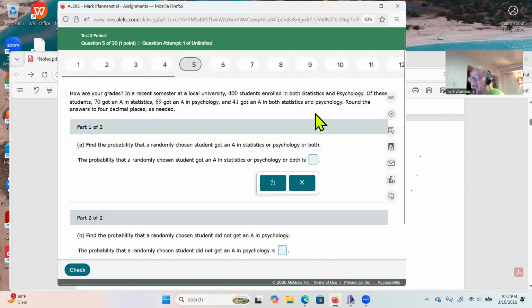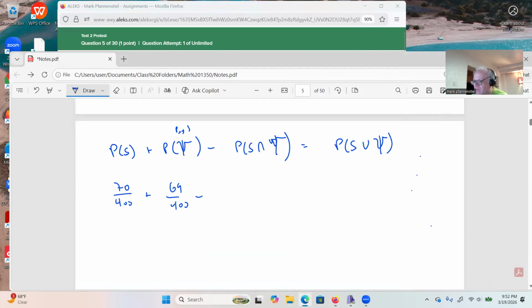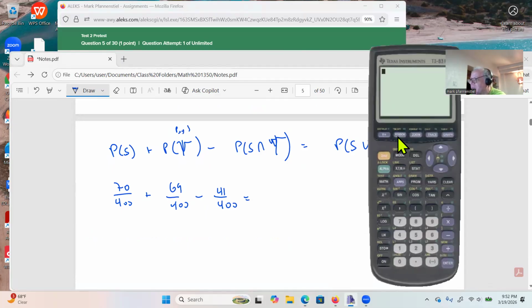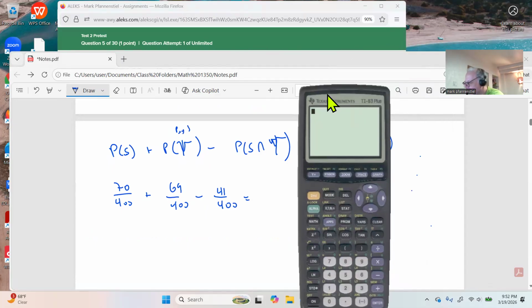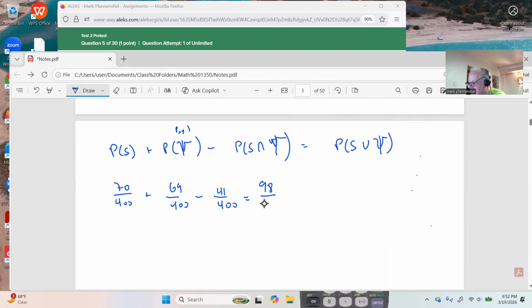That was 41, minus 41 over 400. So we're going to go ahead and type this into the calculator and get an answer. Okay, so we've got 70 plus 69 minus 41, and that's going to be our answer for that. So we have 98 over 400. Okay, and that's going to be our probability.